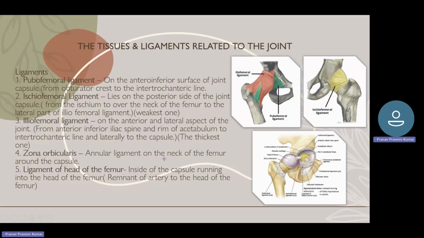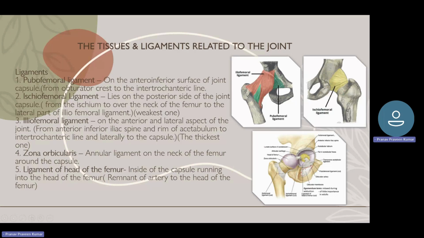And the ligament of the head of the femur is actually a remnant of the artery to the head of the femur, and it's present inside the joint capsule itself. And as you can see, there is a fat pad within this, basically a moon-shaped structure.